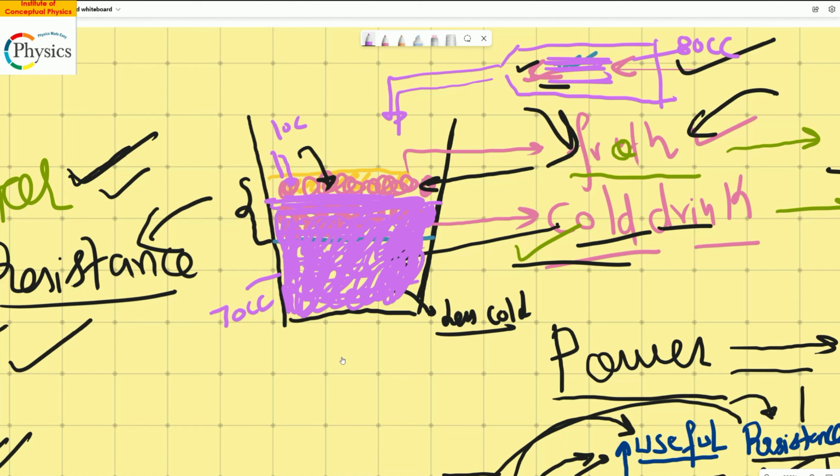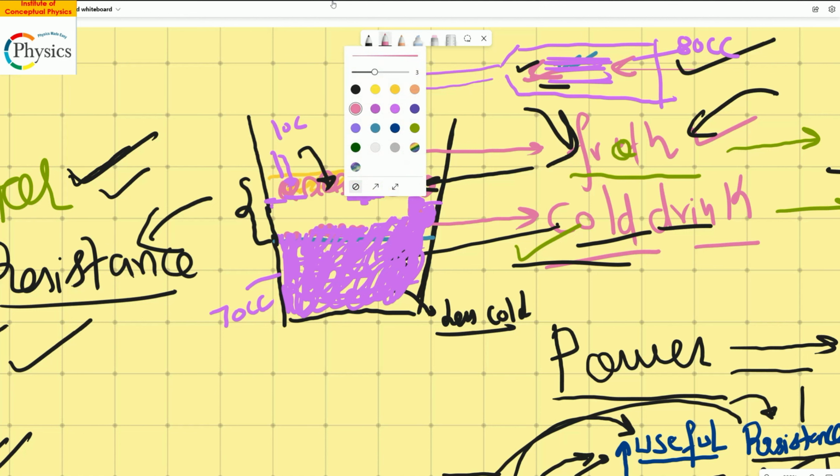The other situation can be what? I remove the cold drink and I increase the useless part. I still pour 80 ml, and this is what happens. Let me just complete the diagram. I poured the cold drink, but this is what happens.